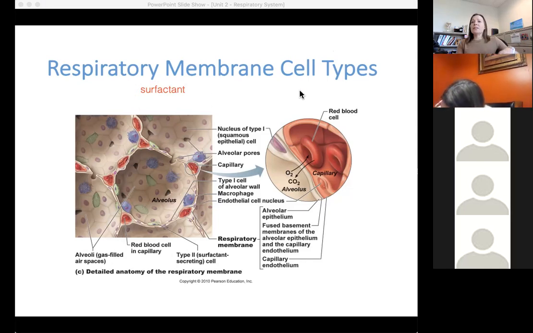They secrete surfactant, which reduces surface tension in the lungs.